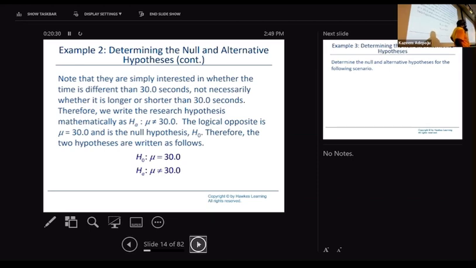Exactly. The moment you identify one hypothesis, then the other one is going to be the direct opposite. Because if they say this for one, then the other hypothesis is going to be not equal to that. You get what I mean?